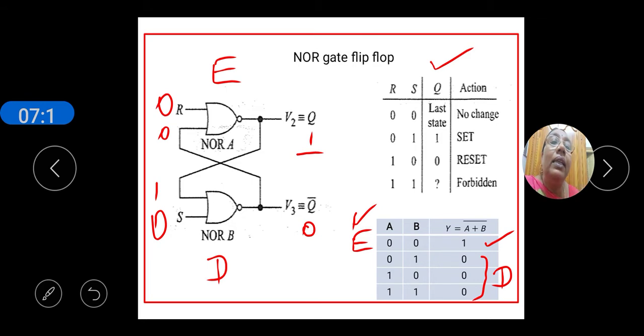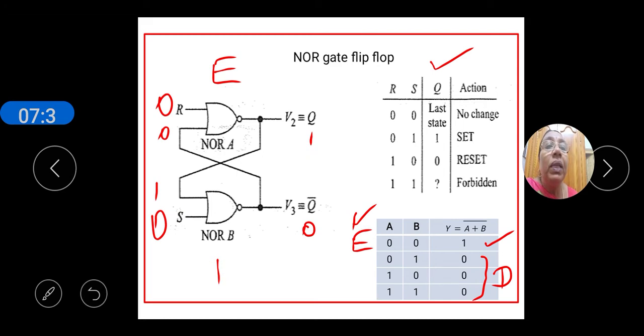Since NOR A is enabled, the output of NOR A, that is Q, is 1. So the NOR gate output remains in the same state. The flip-flop remains in the same state. There is no change in the state of the flip-flop. It remains in the previous state or last state.